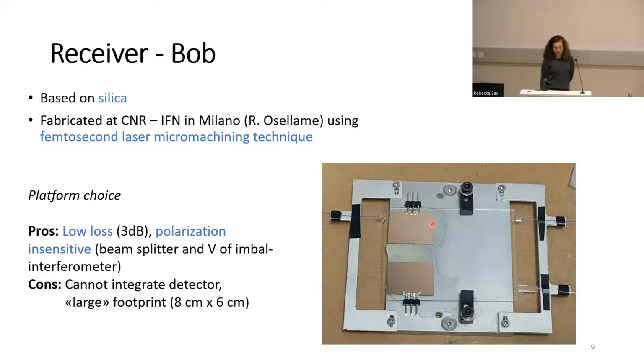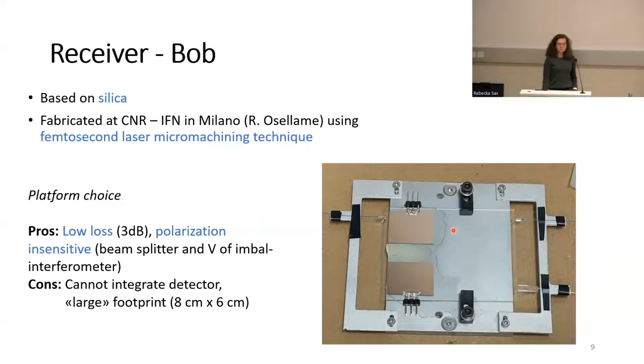Again, some comments on the choice of platform. Some advantages of using this is that we have low losses in this chip. It's very important on the receiver side. We have around 3 dB losses, in both bases, and this includes the coupling losses as well as propagation losses.